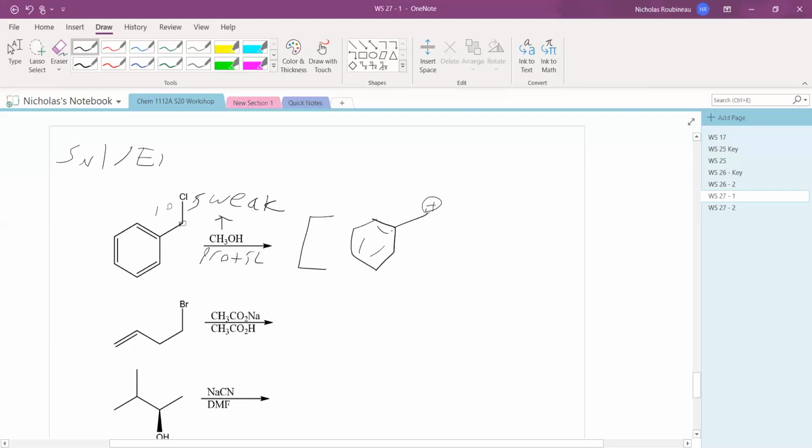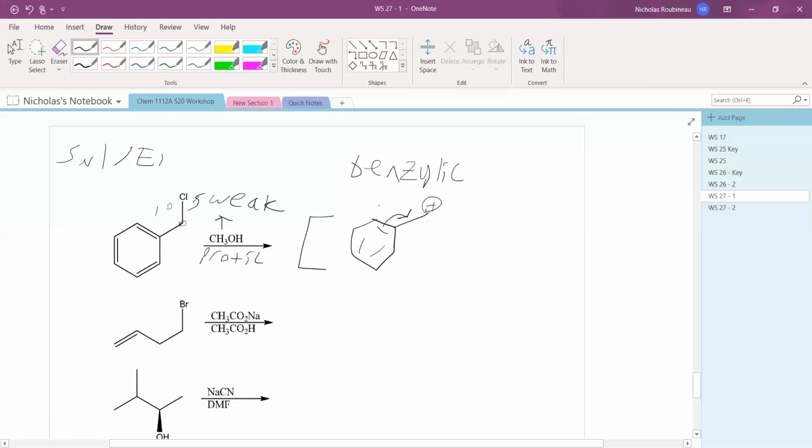This cation is right next to a benzene ring, so it has resonance. It's a benzylic cation, so it's stabilized. I'm not gonna draw all the resonance forms, but there's like 4 resonance forms. And what does resonance do to things? It makes them stable, yes.